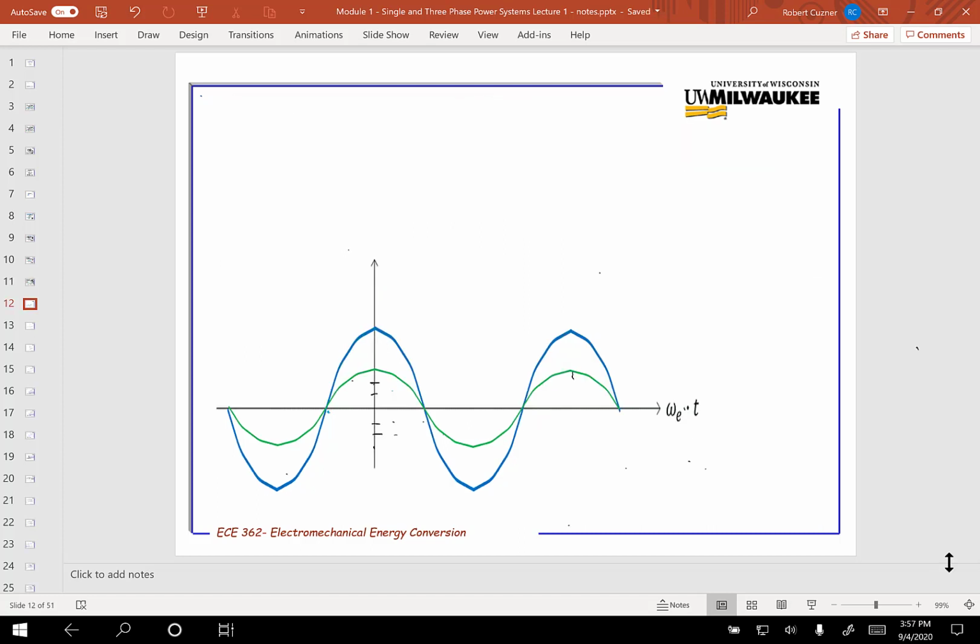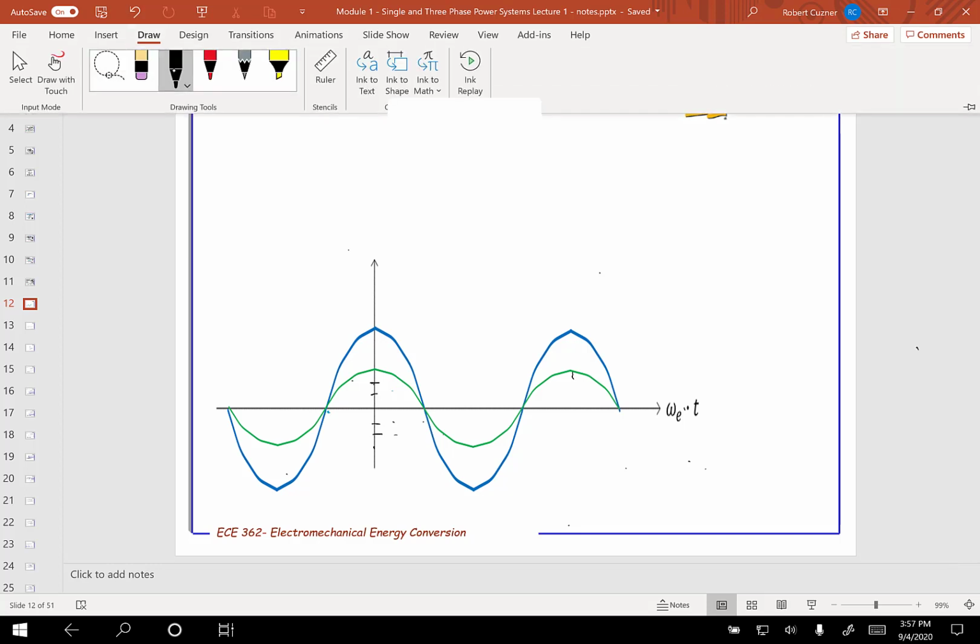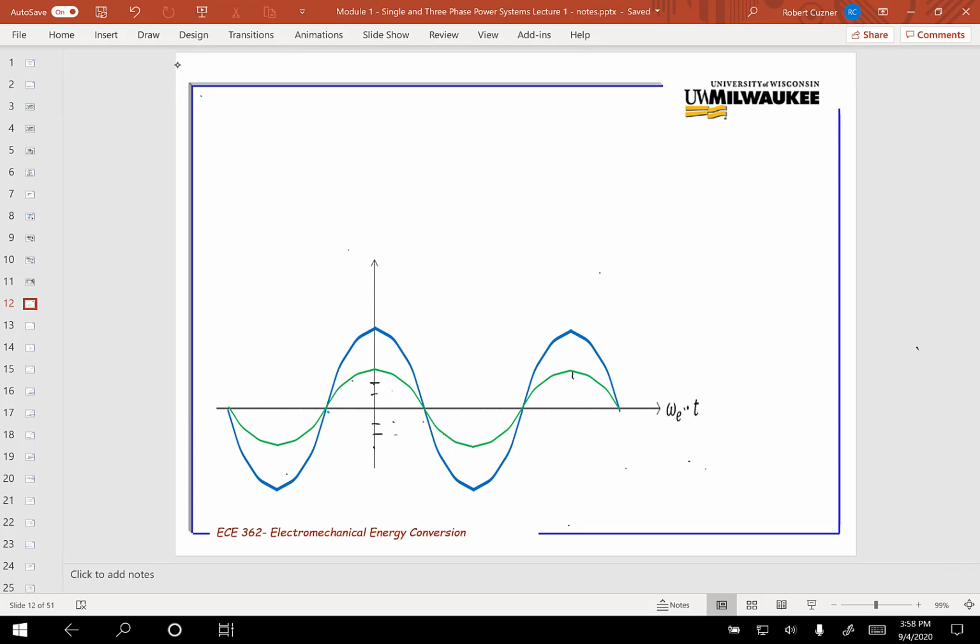Okay, so now that we've established the difference between a scalar and an RMS with periodic waveforms, let's talk about some useful ways of looking at AC systems. So first of all, I'm going to now go away from this per unit scheme that I was using.